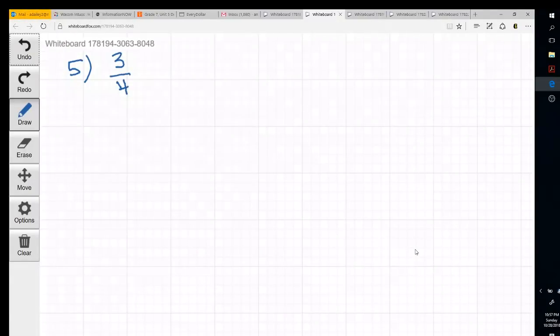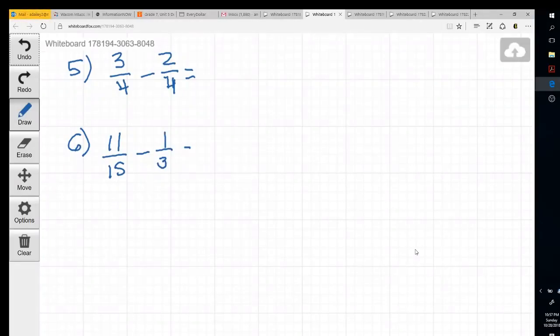Okay, number 6, 11/15 minus 1/3. Oh, we made it a little bit more difficult because now you have to find the common denominator.